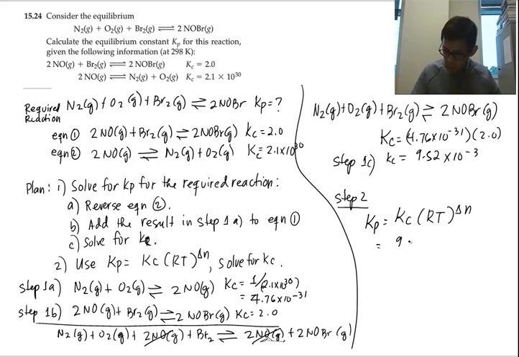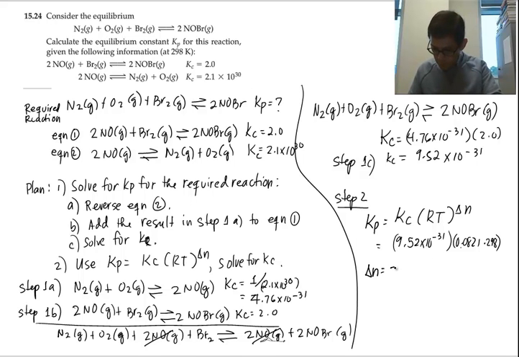This would be 9.52 times 10 to the negative 31 times R, which is 0.0821, and the temperature is 298, and all of this is raised to delta N. Delta N is products minus reactants, so the coefficient of the product is 2, minus the sum of the coefficients of the reactants, which is 1 N2, 1 O2 and 1 Br2. So delta N is 2 minus 3, which is negative 1.